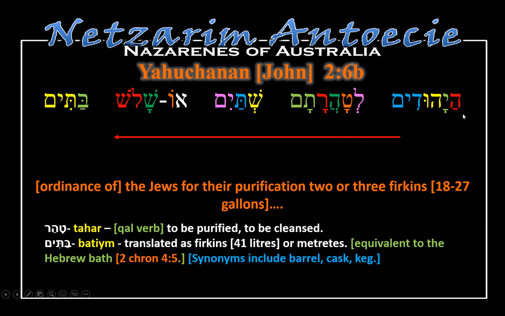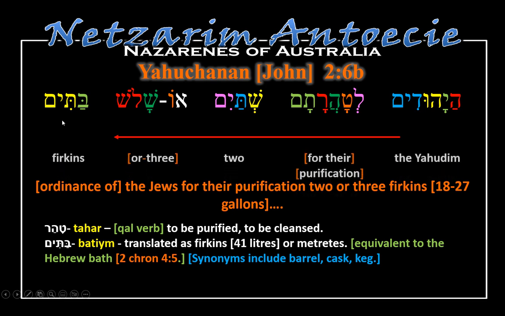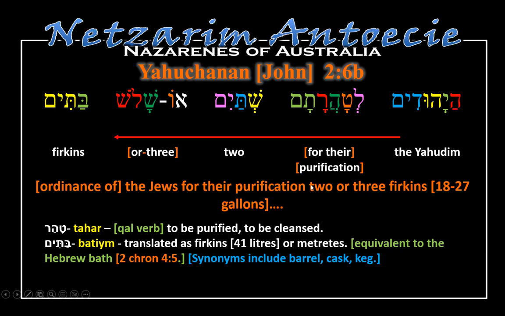And it is, Ha Yehudim, le taharatam, shetayim, o shalosh batim. And the translation, the Yehudim for their purifications, 2 or 3 firkins, or we could say batims, right? It comes from batims, which is a measurement of 41 litres.